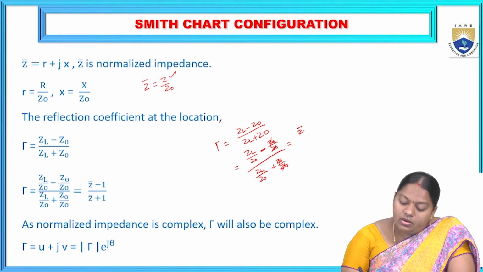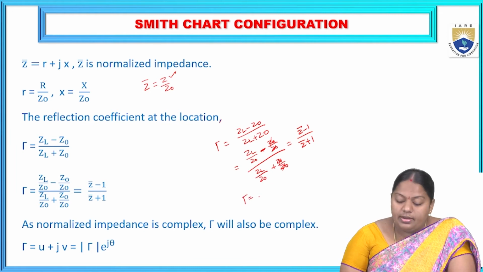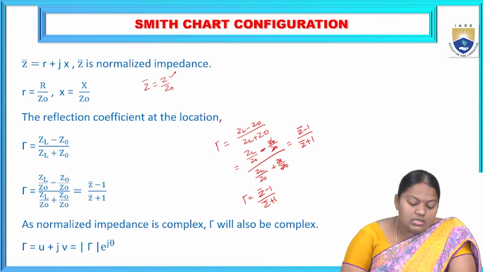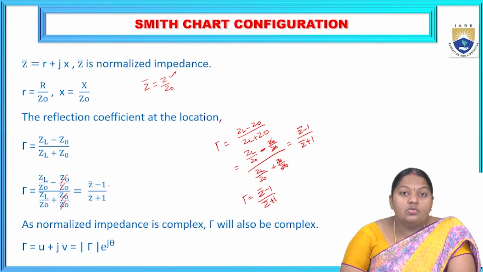So Z bar minus 1 by Z bar plus 1. So the reflection coefficient on a line, gamma, can be written in terms of normalized impedance as Z bar minus 1 by Z bar plus 1.